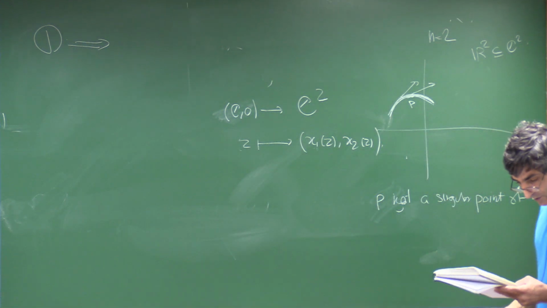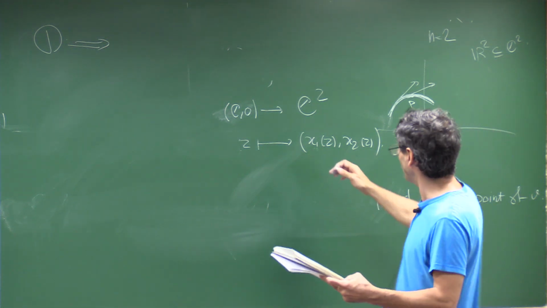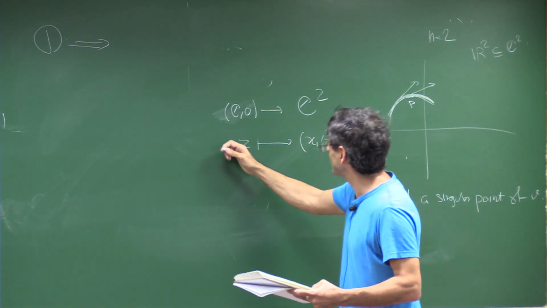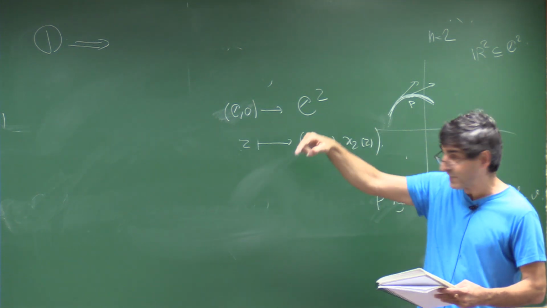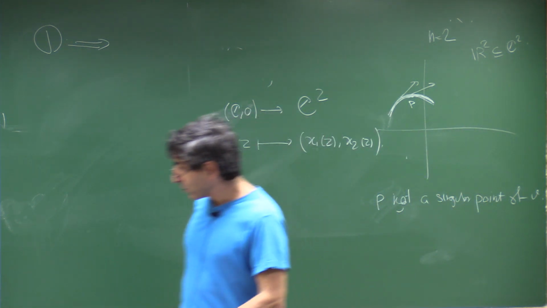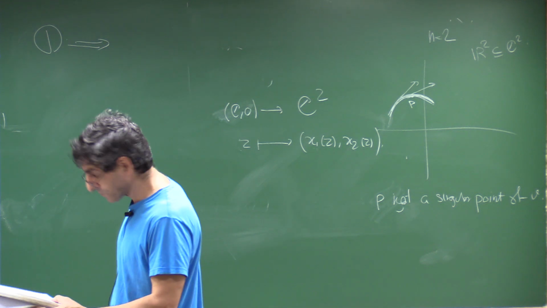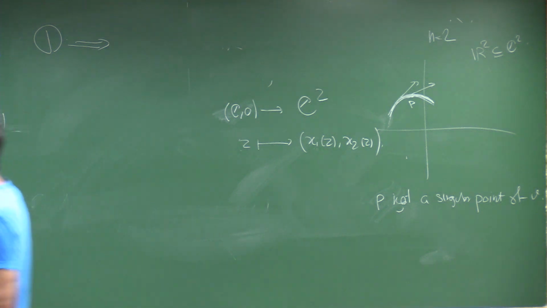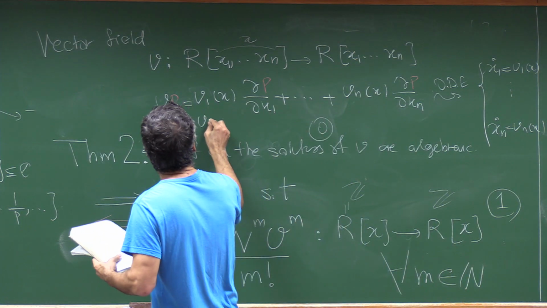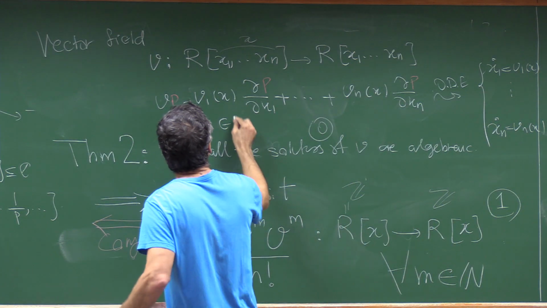And actually, I don't know why I did this one. I wrote this. Now I am making the version of the conjecture such that X1 and X2 are algebraic as a function of Z. Let's say here the VI's are algebraic. You mean? No, these are rational functions. The VI's are polynomial actually.